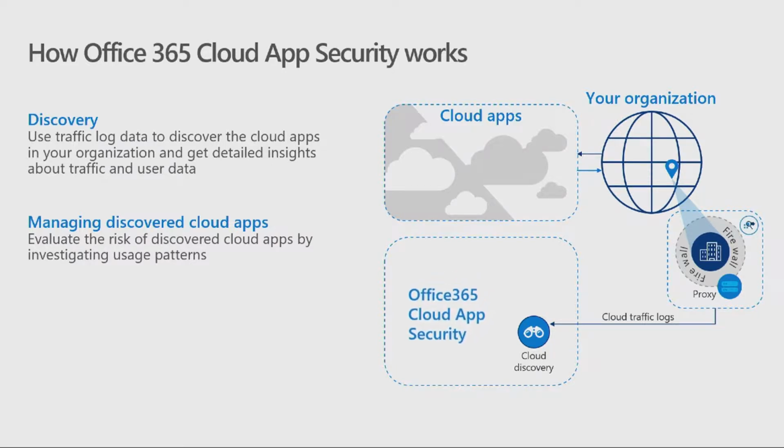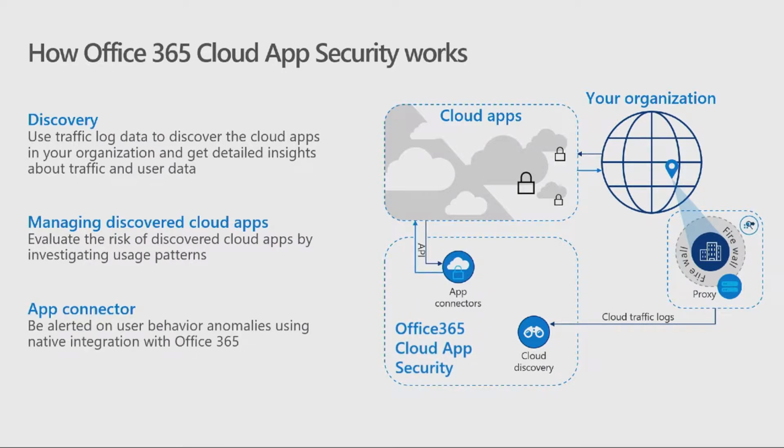The second pillar is what we call the app connector. For Office 365, we are natively connected to the service, and we use the public API to pull in the audit log data to give you granular visibility on user actions, such as where the user is logging in from, or whether there has been admin action from an IP that's considered risky, or a location that we haven't observed before.